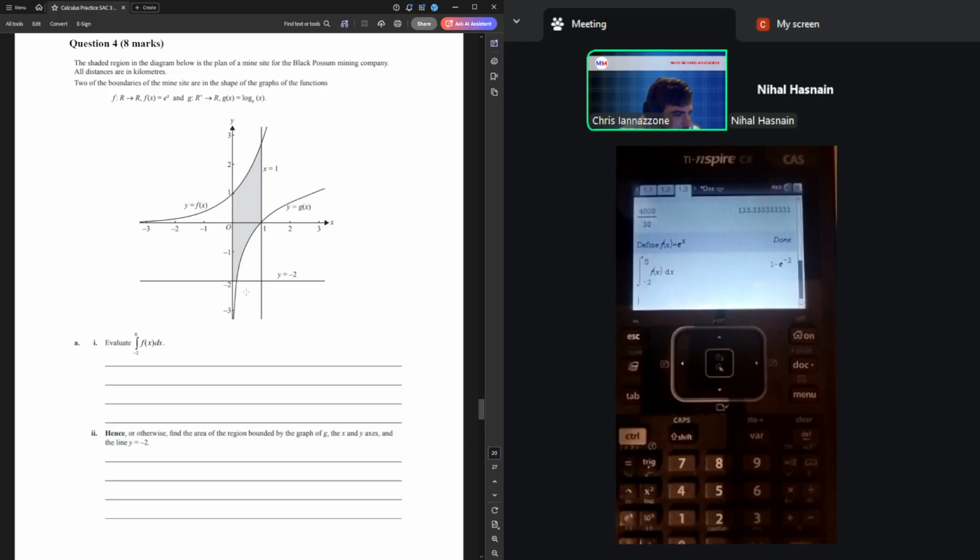Graph of g, that's going to be that one. X and y axis, so that's going to be now looking at this sort of area. And the line y equals -2, we're truncating that off. So it's going to be specifically that portion of the shaded bit here. Hence or otherwise finding that.